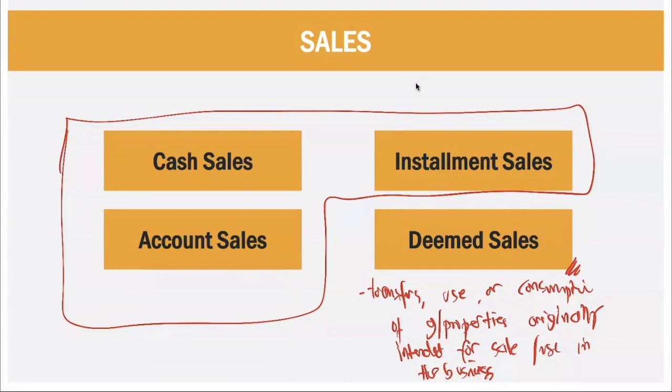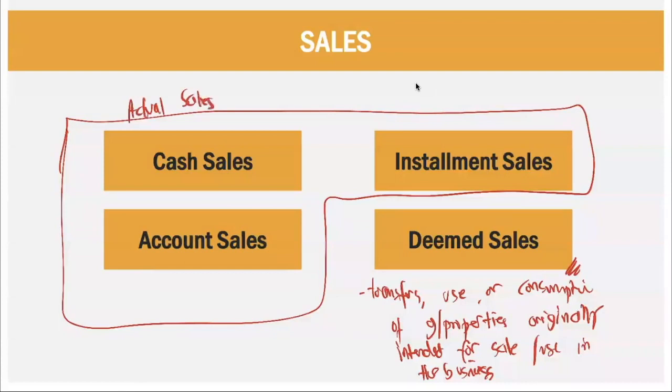Okay? So again, hindi naman talaga siya sale na buyer-seller. However, since yung normal na binebenta mo ay nagamit na or nilipat mo na sa iba or na-consume ng iba na hindi natin kino-consider na buyer, yung transaction na yon, i-consider natin sale for VAT purposes. Ang tawag natin doon ay deemed sale. So cash sales, account sales, and installment sales are all actual sales.